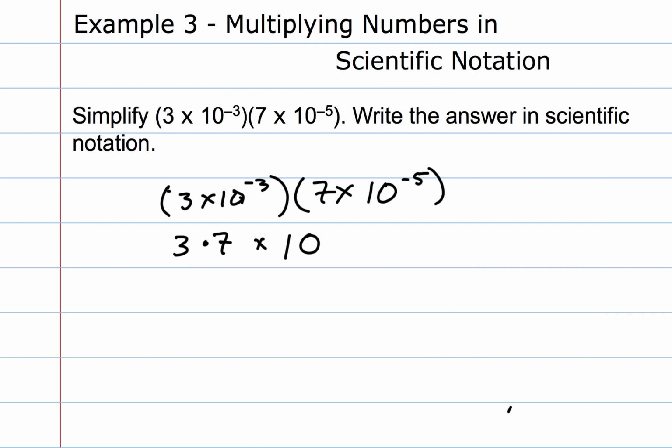And since they're like bases, we take their exponents and we add them. Negative 3 plus negative 5. 3 times 7 is 21. And that's times 10 to the negative 8 power. Remember, we add those exponents because the bases are the same. Now, this is not the answer. Here's where you need to be careful. This is not the answer.